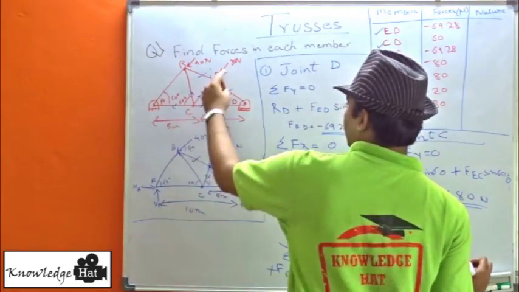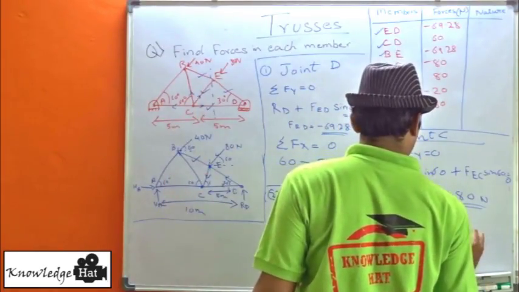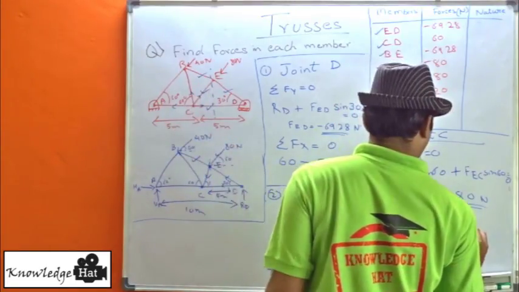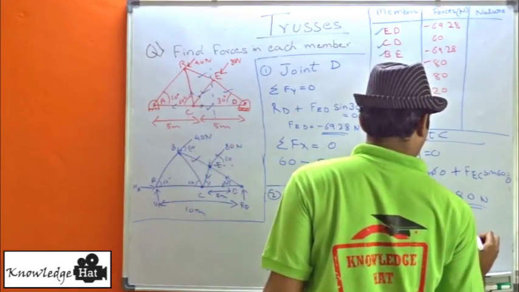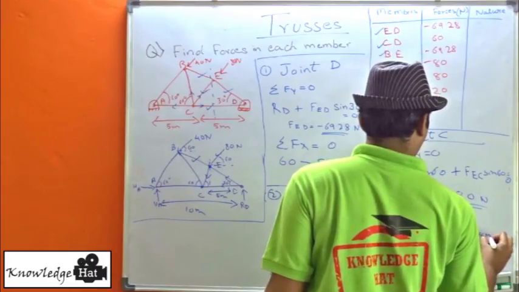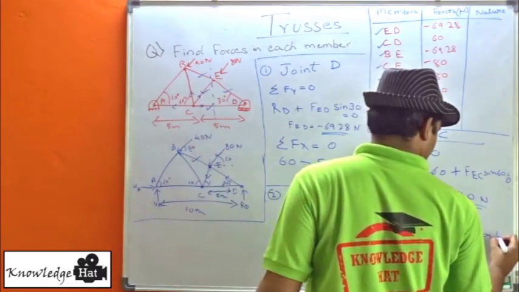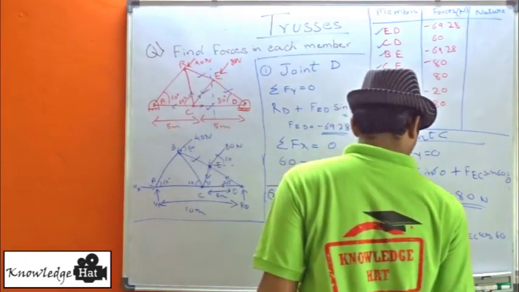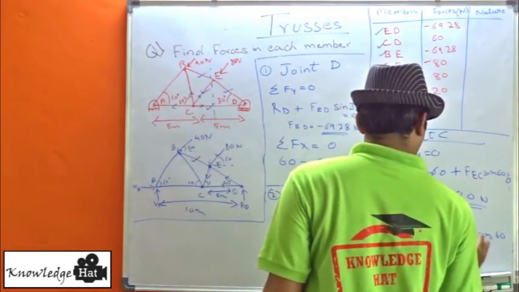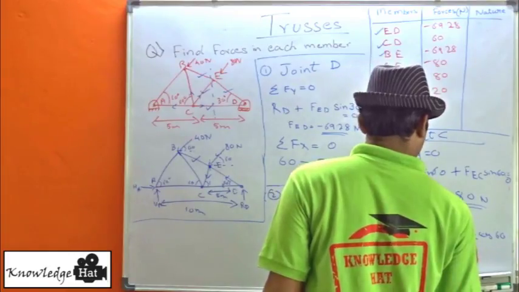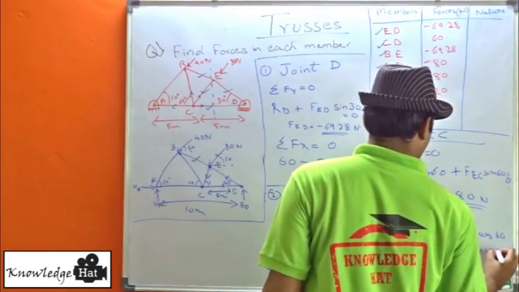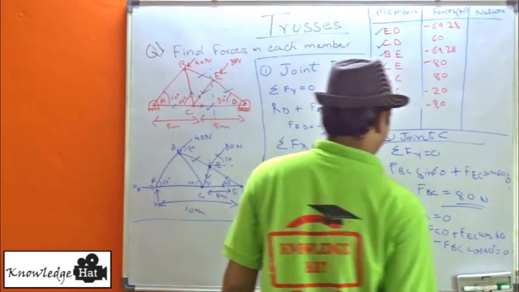Also, we have this force EC, which is in positive x direction, FEC making an angle of cos of 60 degrees, plus, no, this one will be minus, so minus FBC, again making an angle of 60 degrees, putting it to 0.